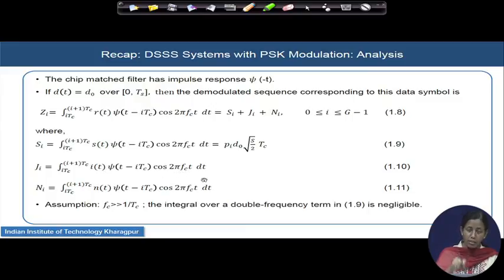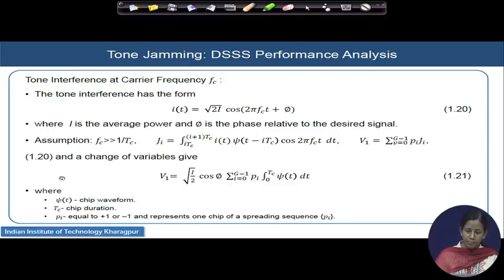So, IT is such that the jammer could locate your transmission frequency, and exactly on fc he has designed his signal. If that design is possible, how will IT look?